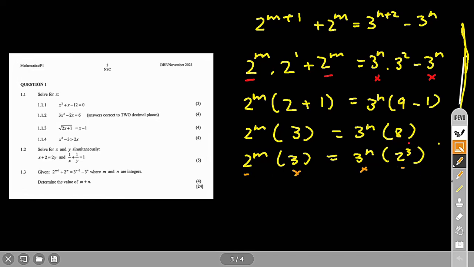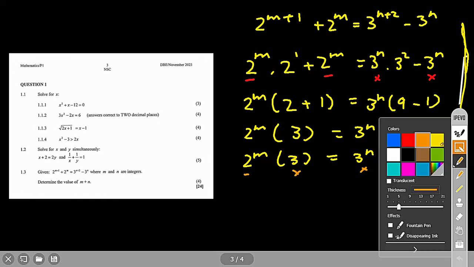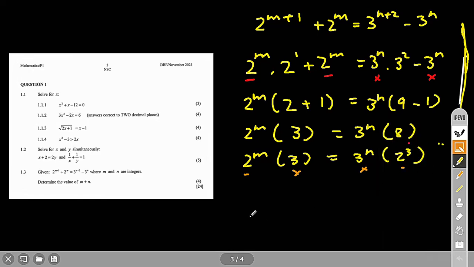So basically what I'm trying to say, the bases are the same. The bases are the same. So we can just say 2m is equals to 2 raised to 3.